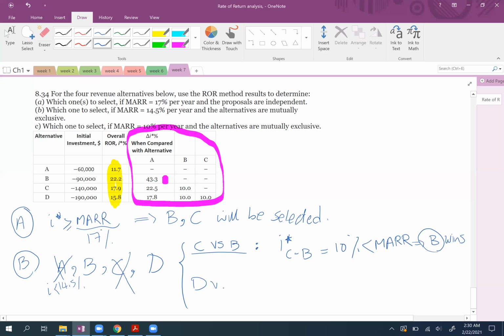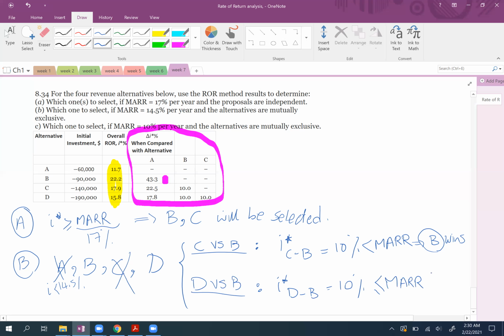The next comparison that I have is B and D. D versus B. So I need to determine the I star for D minus B. DB has again 10% delta I, so it's again less than your MAR. So again, you will select the cheaper project.